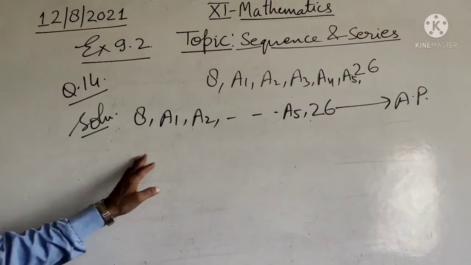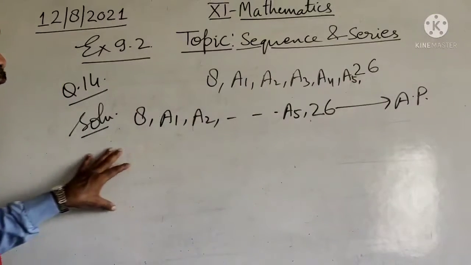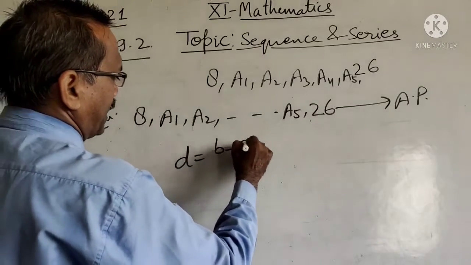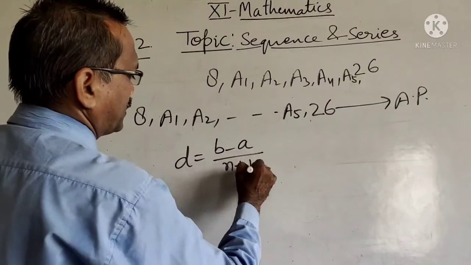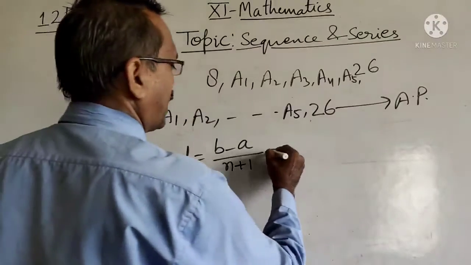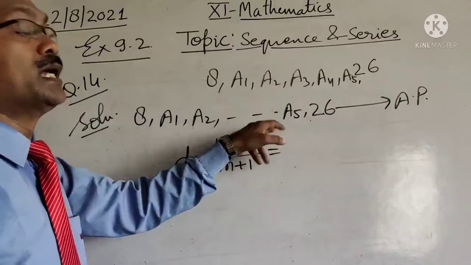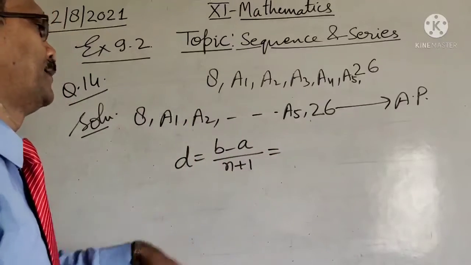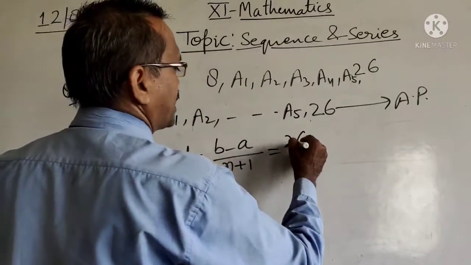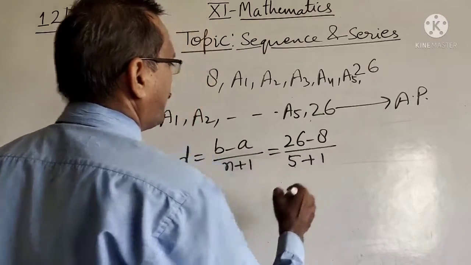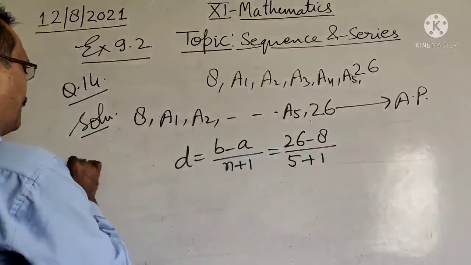Since these numbers are in AP, therefore there is a formula of common difference D. D equal to (B minus A) upon (n plus 1). Now here n is number of arithmetic means that we have inserted. So it is (26 minus 8) upon (5 plus 1), n equal to 5 here.